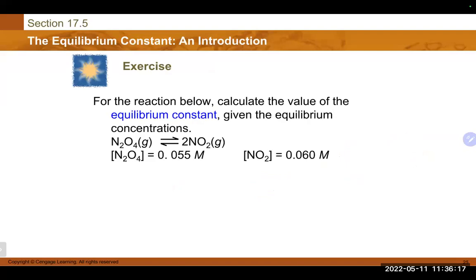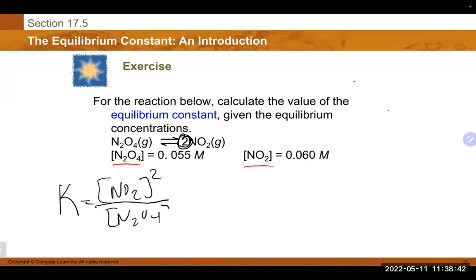For the following reaction below there, calculate the actual value of the equilibrium constant, and those are some equilibrium concentrations given to us. Equilibrium expression, so that is going to be the concentration of our products. And again, we do need to square it because of the 2 that is there. We want to then divide it by the N2O4, and again, the coefficient there obviously is 1.